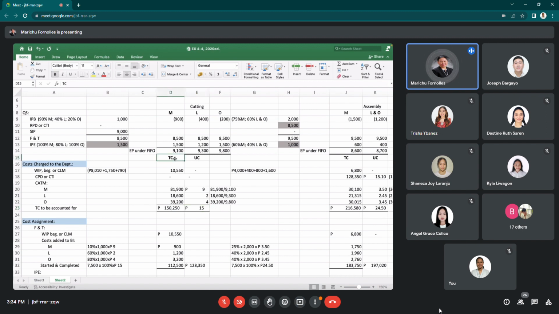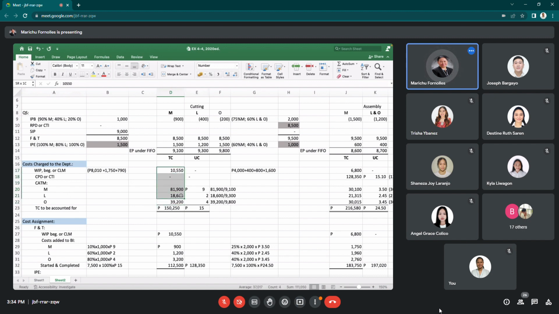So under the TC or total cost column, you add the work in process beginning or cost last month, 10,550, plus the cost added this month for materials, labor, and overhead.